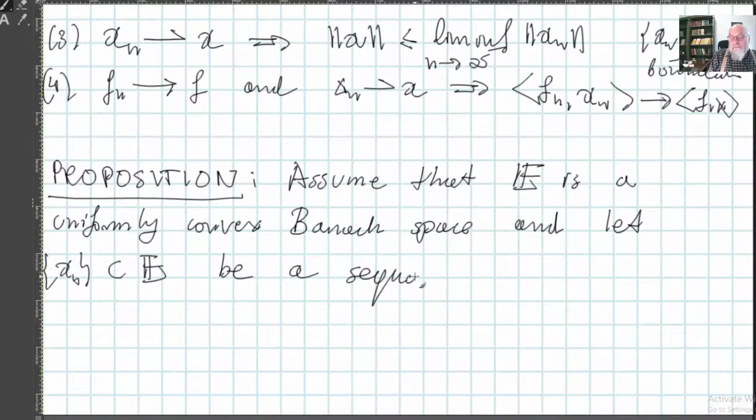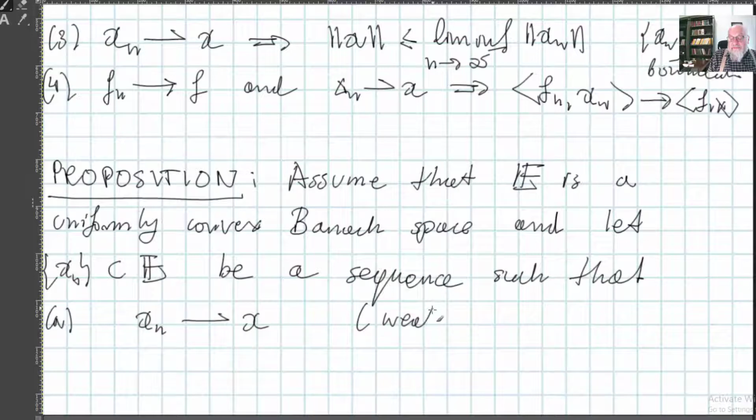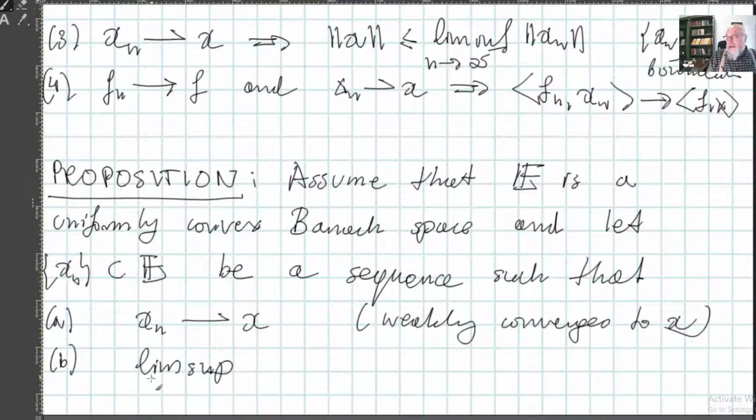such that, so here we put two conditions. First one: xn is weakly convergent to x, so that means xn weakly converges to x. And the second condition, B, is that the limit supremum, as n goes to infinity, of the norm of xn is smaller or equal than the norm of x.